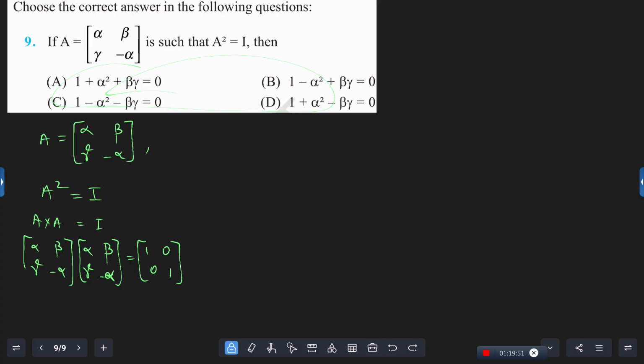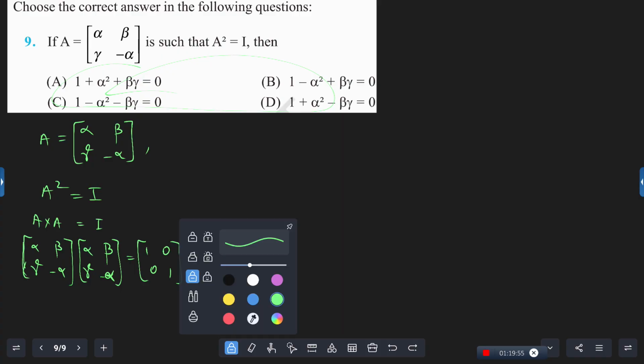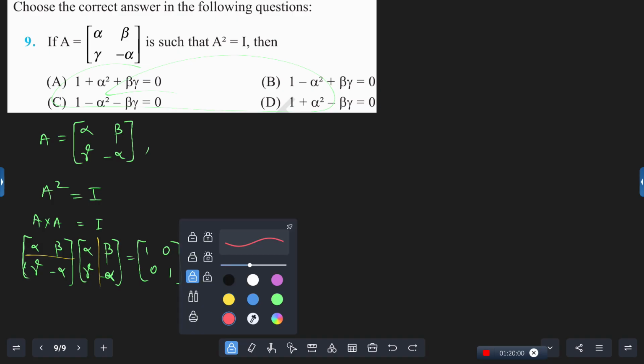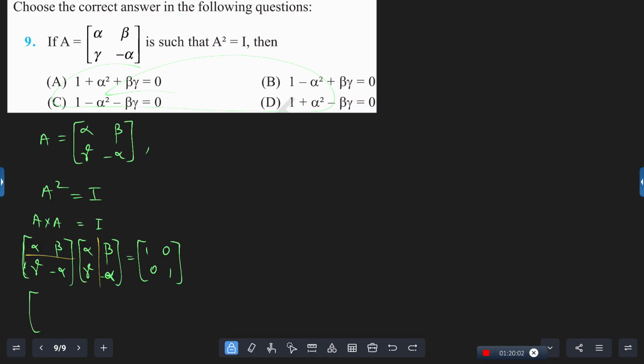If A matrix is 2 by 2, the same 2 by 2 you should use for identity. Now matrix multiplication, we know: row with a column. So row with the column, what am I getting? First element to first element, alpha into alpha, alpha square. Second element to second element, beta into gamma, plus beta gamma.